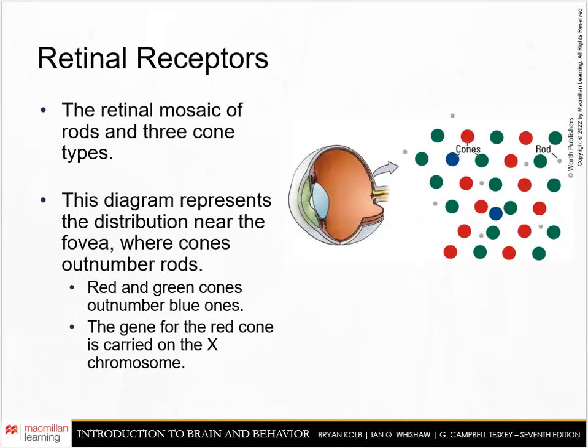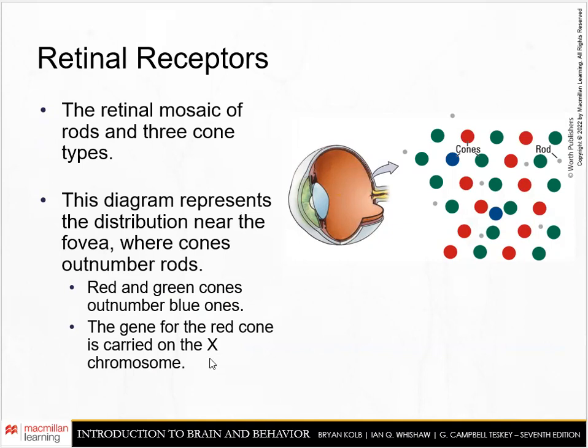Retinal receptors. Now, this is the retinal mosaic of rods and the three cone types. We have this diagram here, which represents the distribution near the fovea, where the cones are outnumbering the rods. Red and green cones outnumber the blue ones, and the gene for the red cone is carried on the X chromosome. Now we're thinking about that and thinking about some of the color blindness as well.